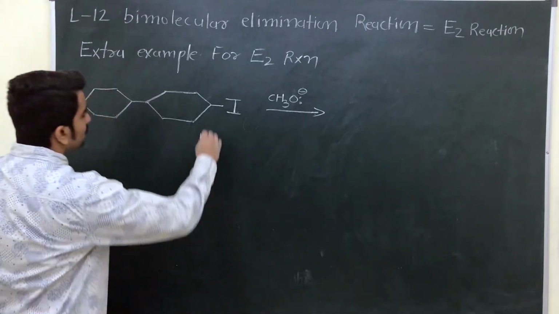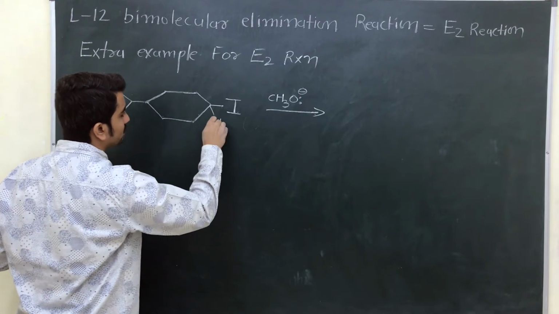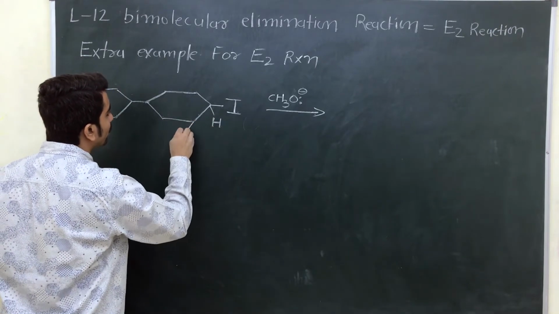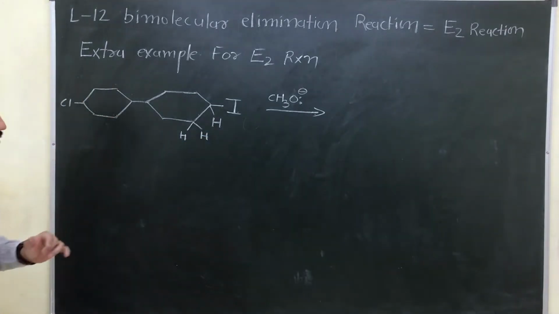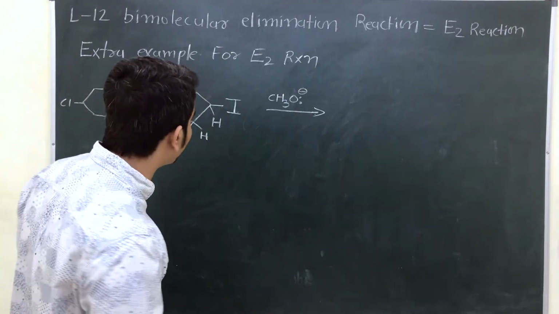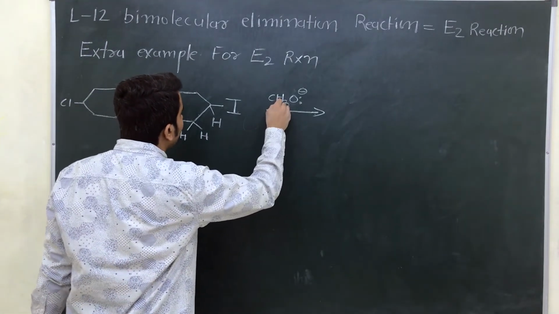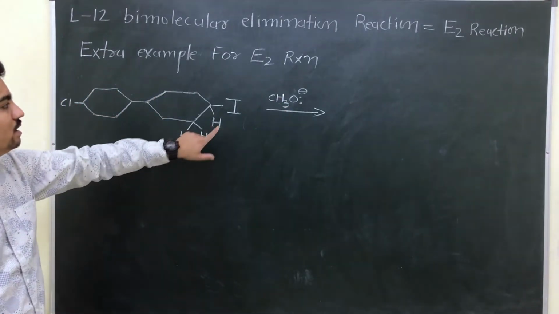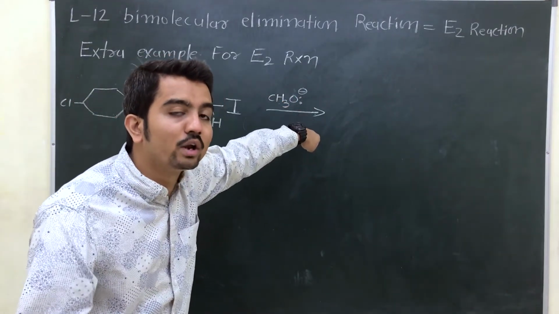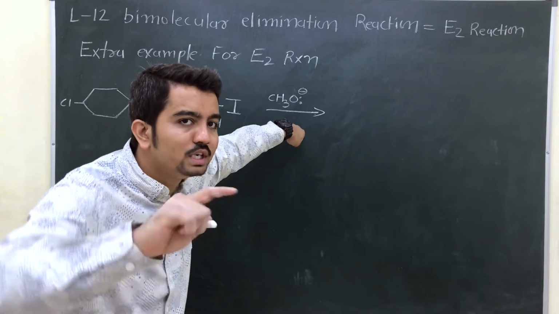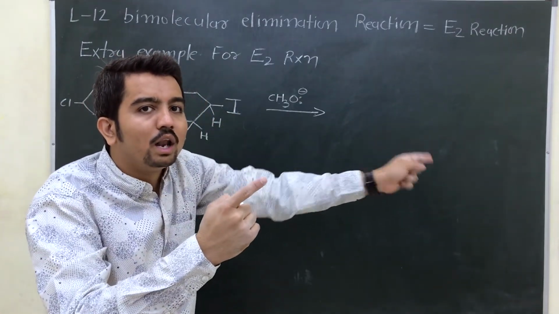Clear? 1, 2, 3. There is one hydrogen, but I am not going to show that. There are also 2 hydrogens. Clear? Now see what will happen. This base is going to attack. What have we learned? The base will attack the hydrogen which is attached to the carbon that is attached to the halogen.